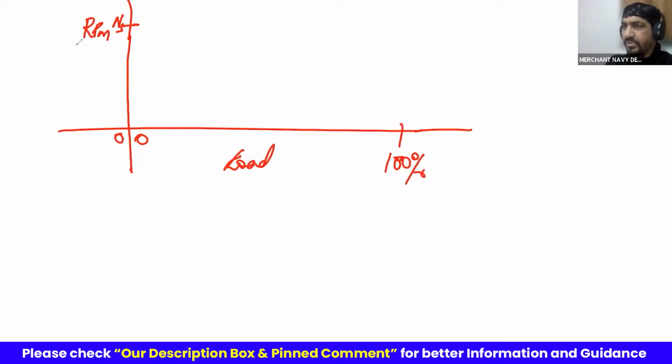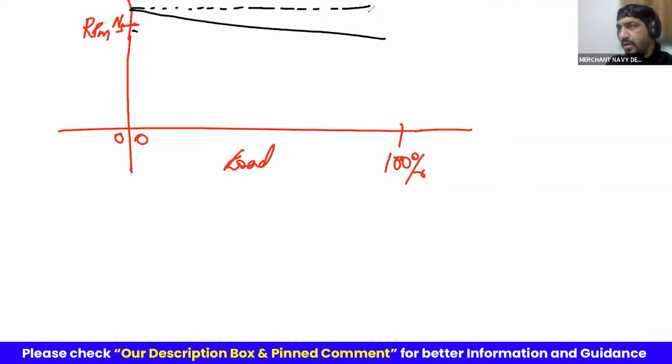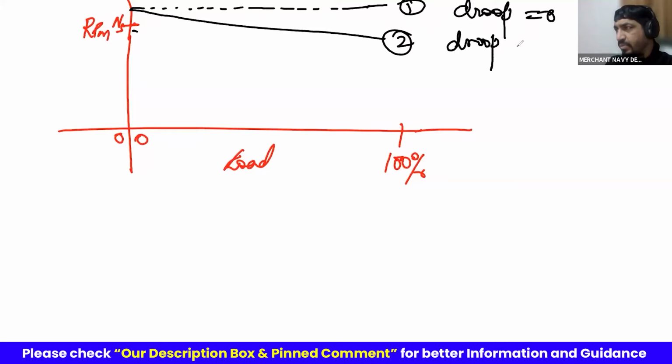So when the load is 0, you may be at a certain RPM, but as soon as load starts to increase, your RPM should drop. If it doesn't drop, in case number 1, then you can say droop is 0. In case number 2, it's some droop.